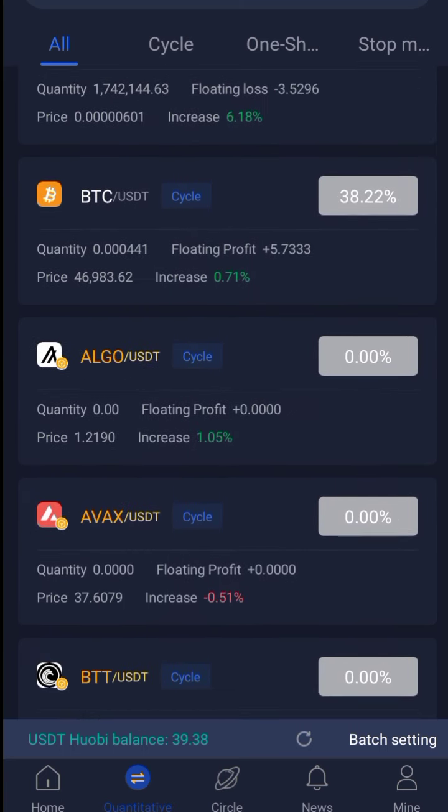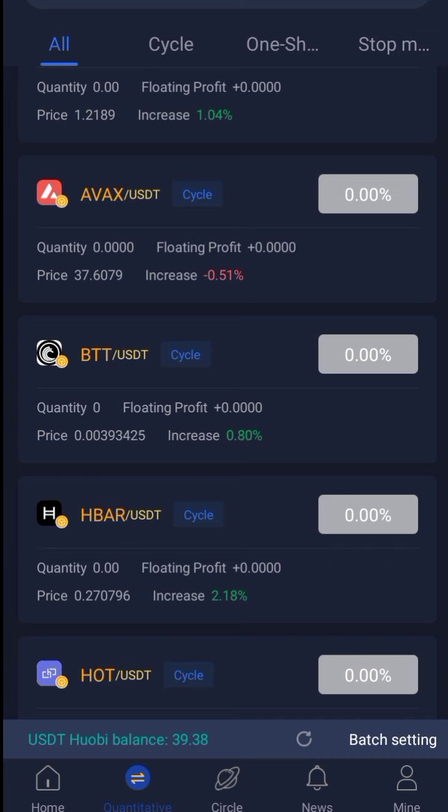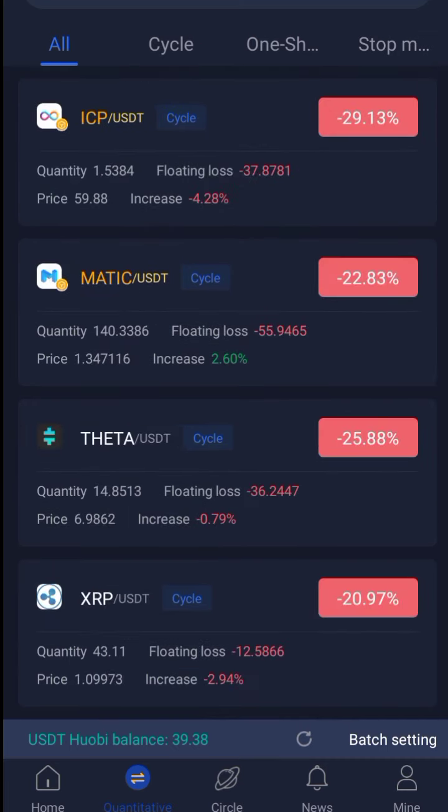We are setting up a coin called BTT. Now there is something very important about this coin. When you look at the logo of the coin, you see a circular dot. Mainly when you see that circular dot, it means the coin's market capitalization and volume fluctuate very quickly and it is good to trade.